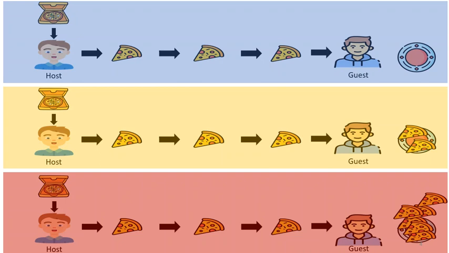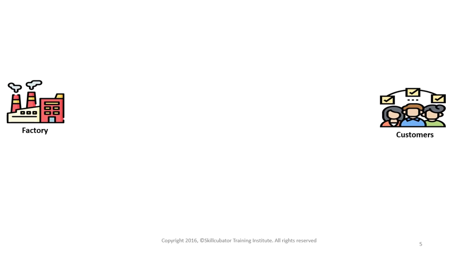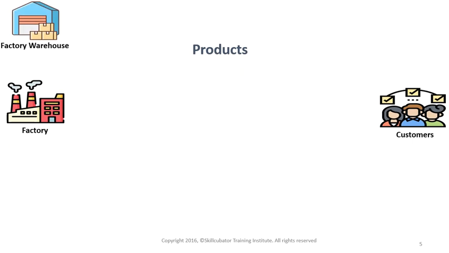Now, if we use the same logic in a shop floor environment, let's see what happens. Now here we have a scenario where a company is manufacturing its product for its customers and it gets all the parts, the raw materials from the suppliers and stores it in its warehouse.